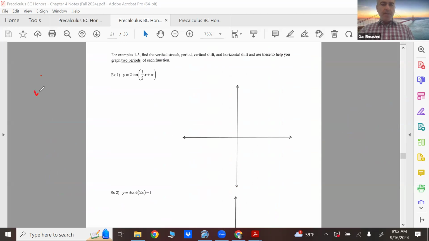So I'm going to rewrite like this. y equals 2 times tangent, bracket, pull the 1/2 out, x plus 2 pi, thanks. Okay.